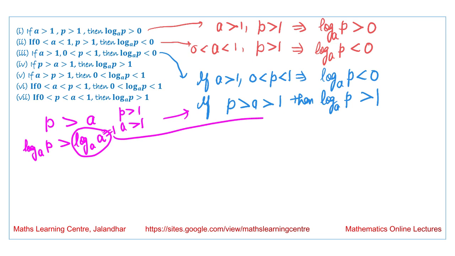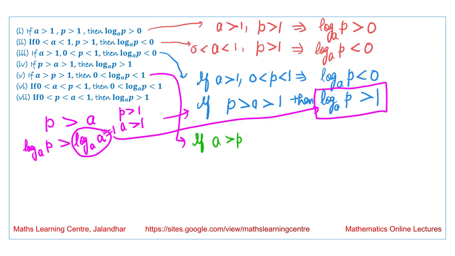So we get the result that log p to the base a is greater than 1. Next, if a is greater than p is greater than 1, then 0 is less than log p to the base a is less than 1.